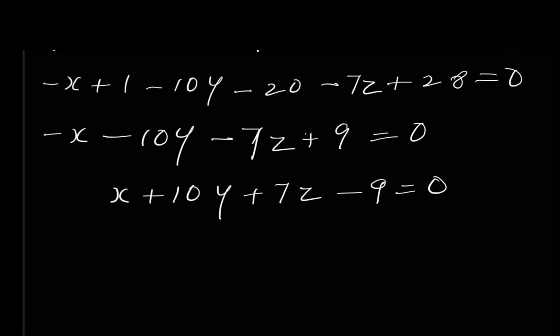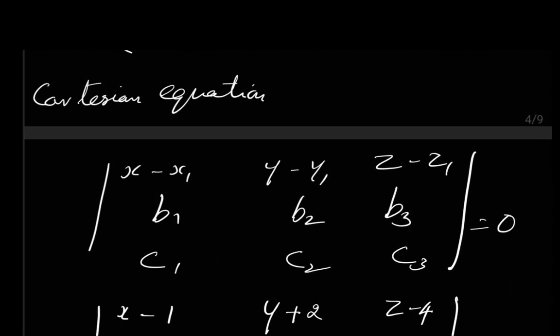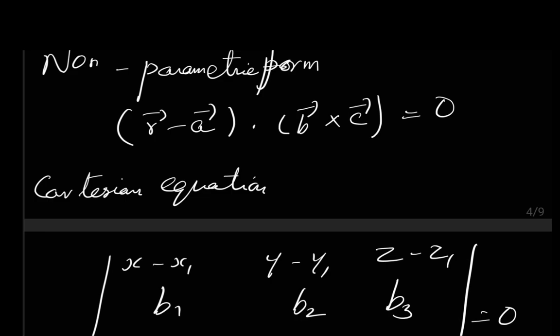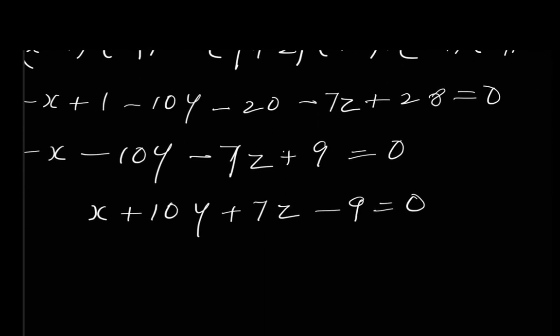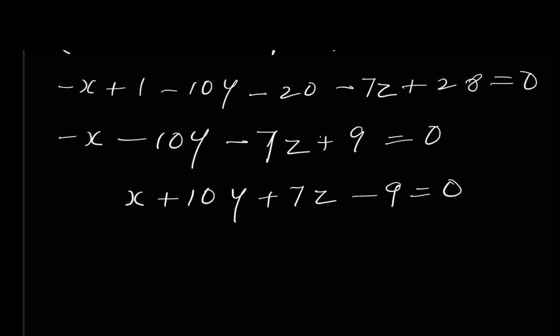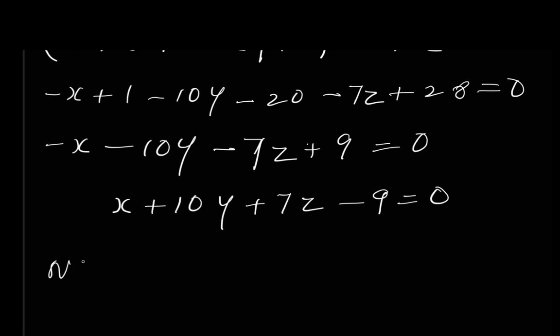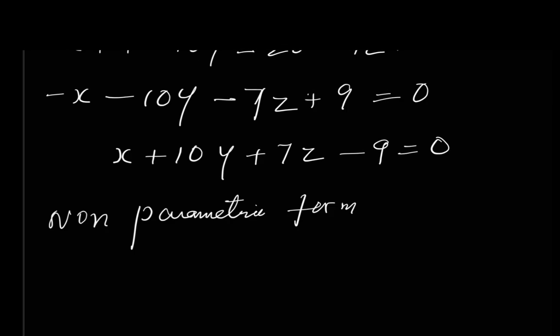We have not yet given the non-parametric form in the dot product form. So just convert this Cartesian form into non-parametric form. Both are same. You have to represent this in the dot product of the vectors.